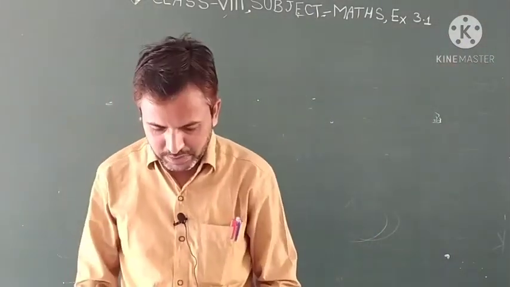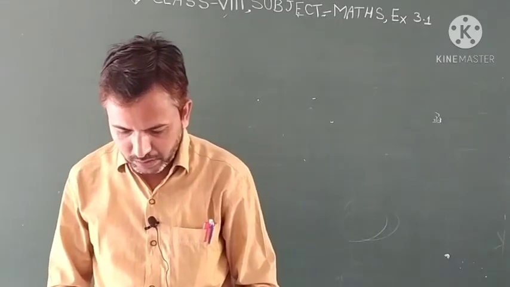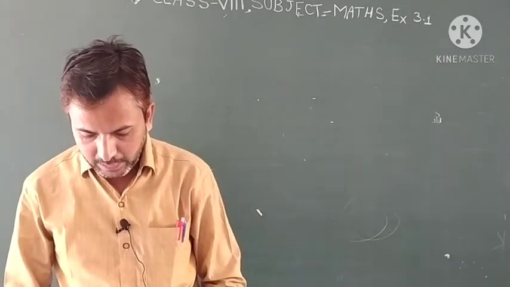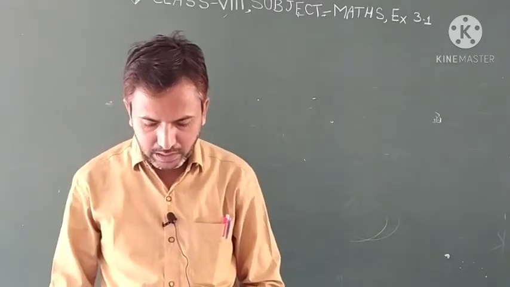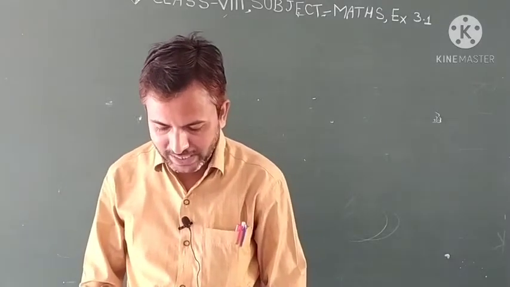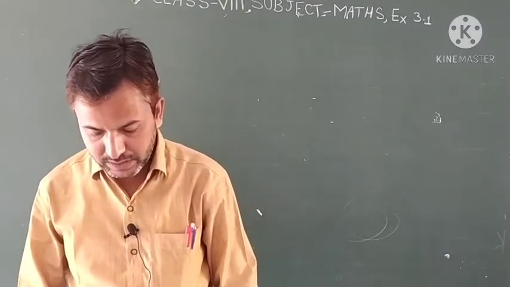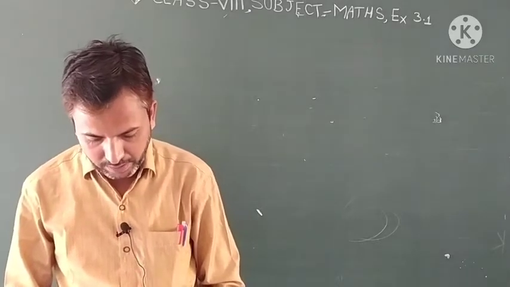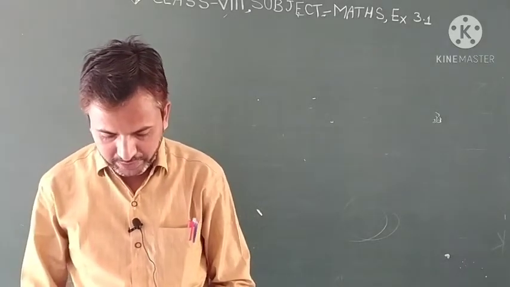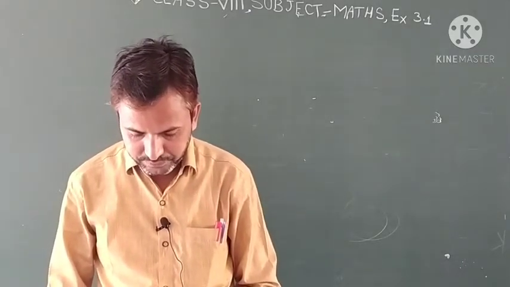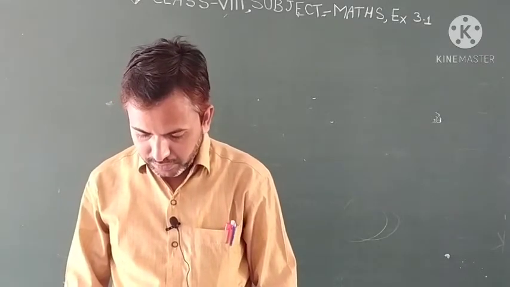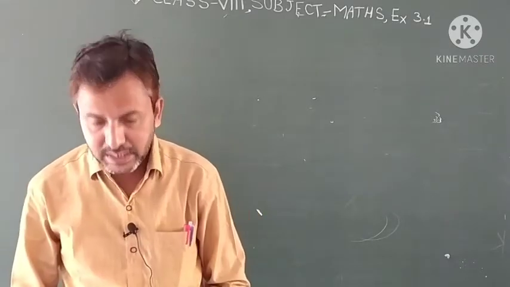Yes, now we come to question number 3. What is the sum of the measures of the angles of a convex quadrilateral? Will this property hold if the quadrilateral is not convex? Make a non-convex quadrilateral and try. So we need to find out the sum of angles in a convex quadrilateral.